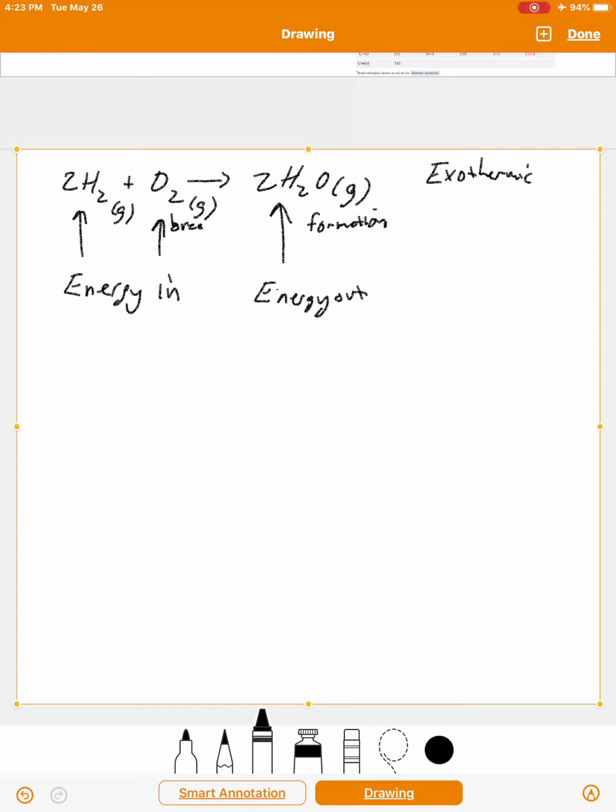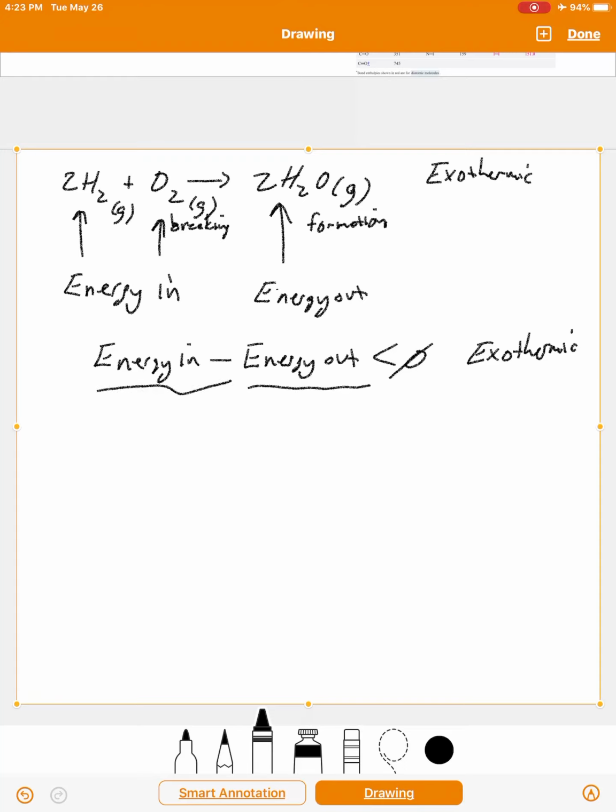Here we're breaking bonds. If you take the energy in and subtract from that the energy you get out, it turns out it's less than 0. And so it's an exothermic process, meaning you get more energy out than you put in. If you put some energy in but you get more out, that's an exothermic process.